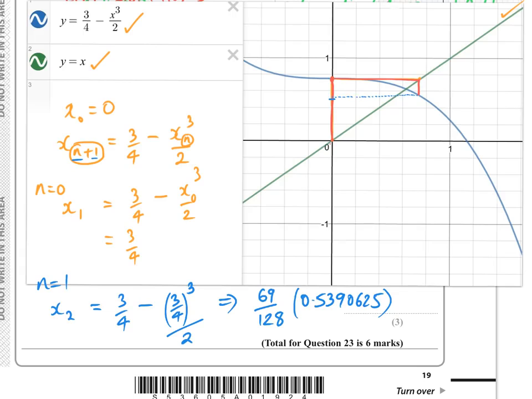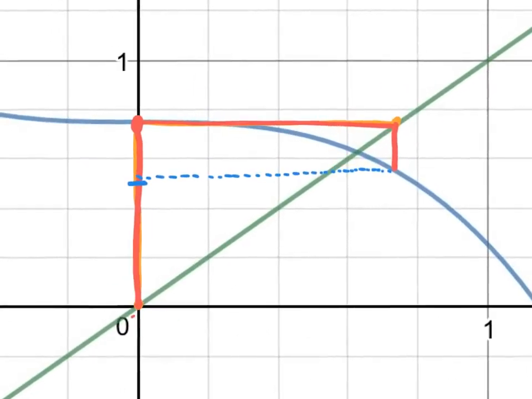And so what happens is, and I'll zoom this in a little bit, when you're looking here and you've got your value here, which corresponds to 0.54, this then reads along to the y equals x graph, and then you get your next value, which we can work out. That will then go up to the graph again, which will then read along to the x, and so on. This design is called a cobweb design, or cobweb structure.